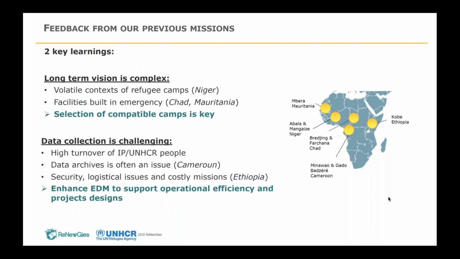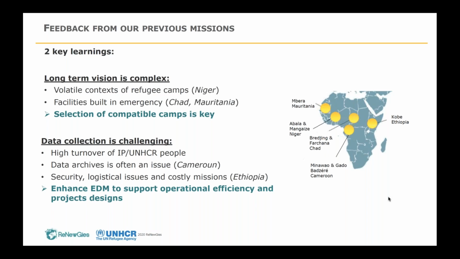Next slide, please. Our two key learnings from all those experiences: first, the long-term vision is quite complex, because when you are making a solar pumping project, you want an installation that lasts 15, 20 years. And most of the time, it's very difficult to project yourself in a refugee camp over such a long time, because they are volatile contexts.